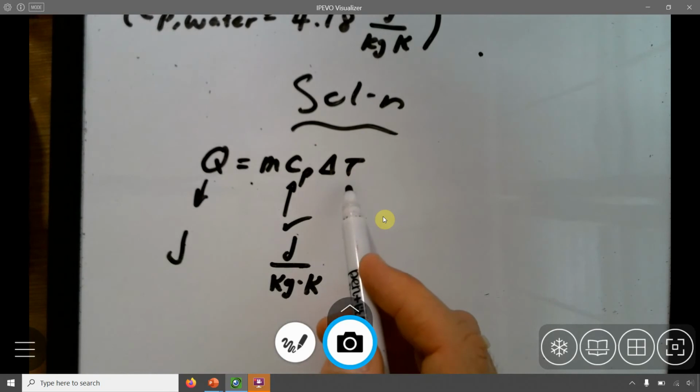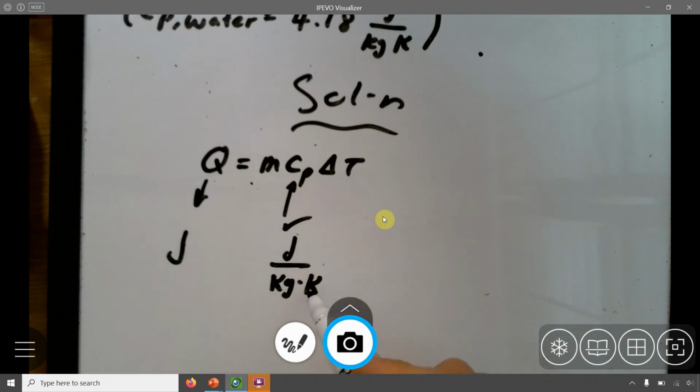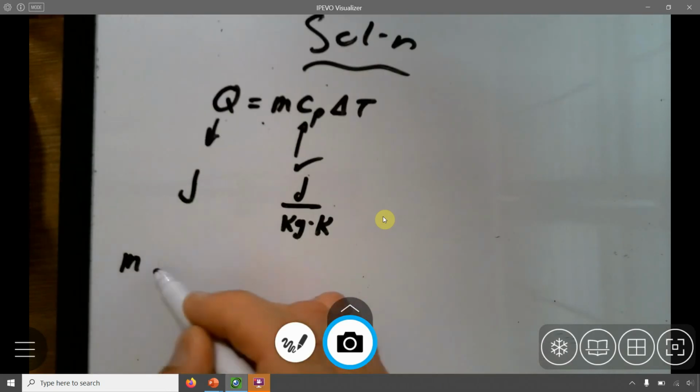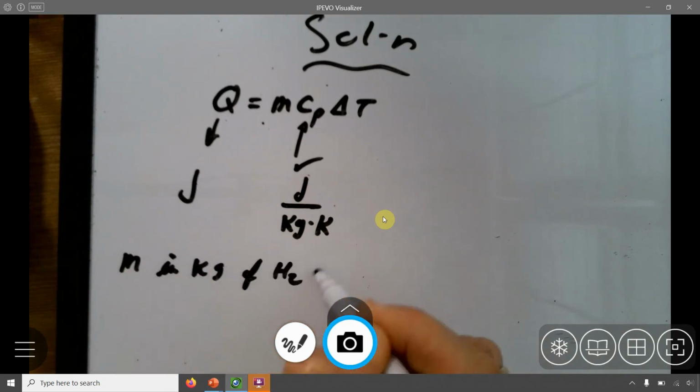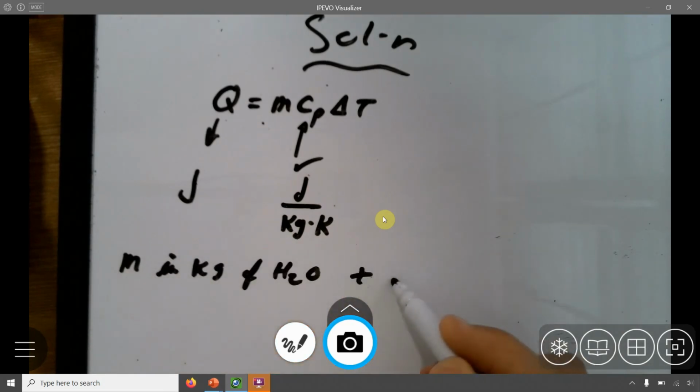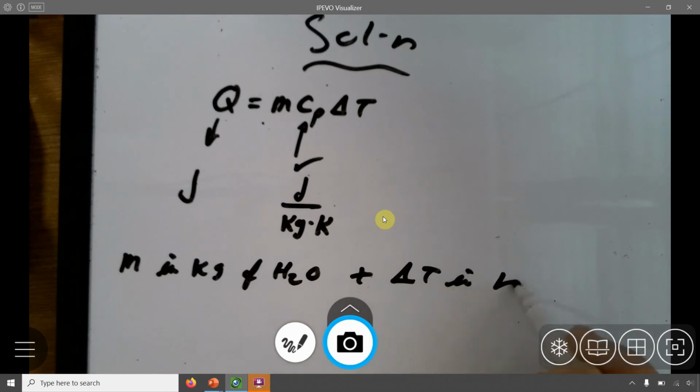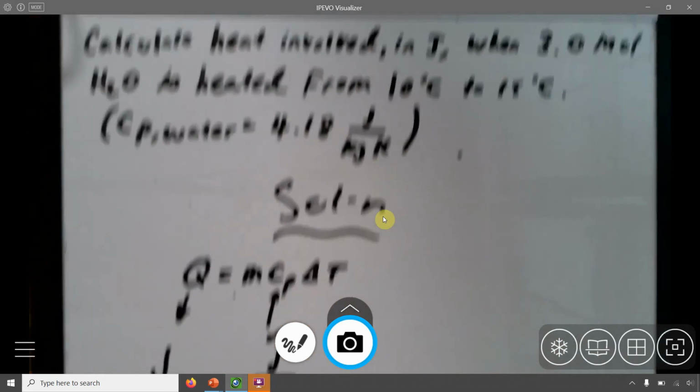Well, lucky for me, I have delta T, which is in Kelvin, so it's going to cancel out. And mass has to be in kilograms to cancel that out. So that means I need mass in kilograms of water, and I need delta T in K to cancel this out. And I'll get joules, and everyone will be happy. I do give you delta T.